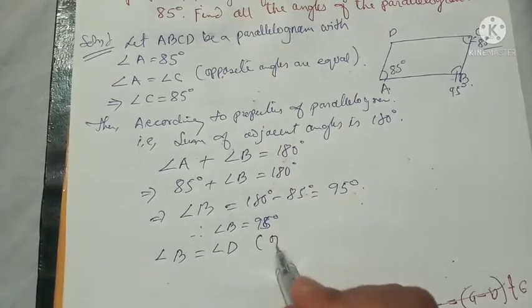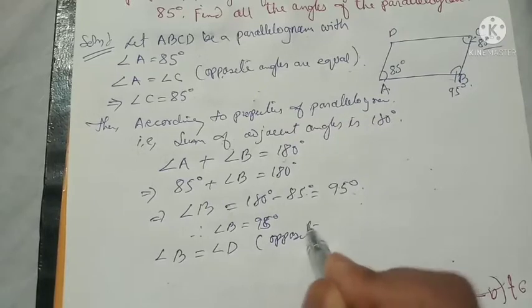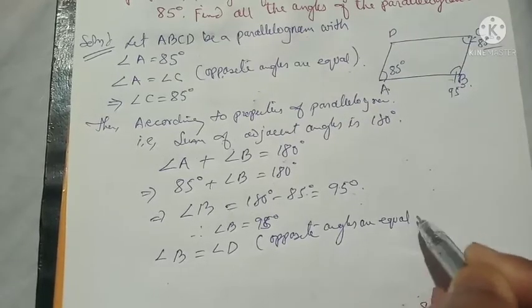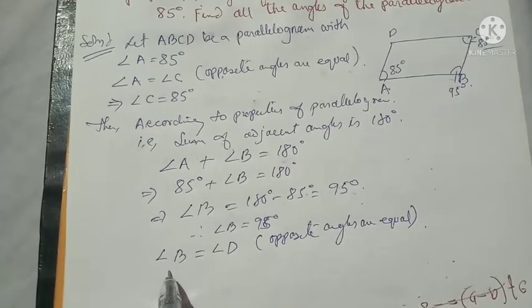That means opposite angles are equal. Then angle D is equal to 95°.